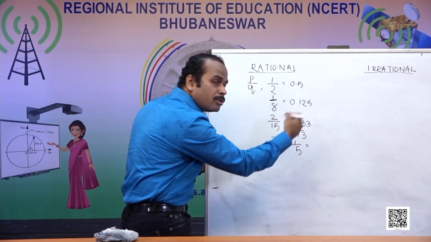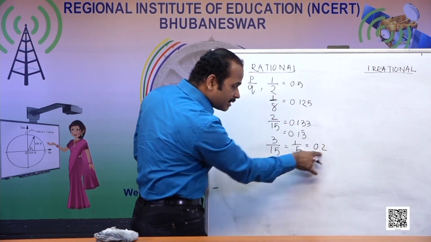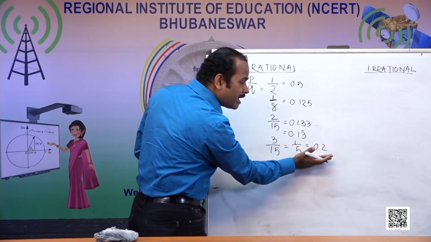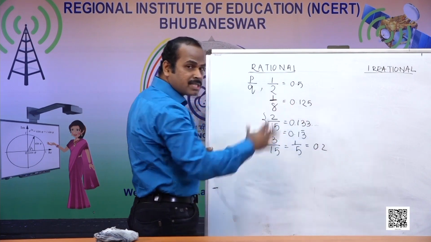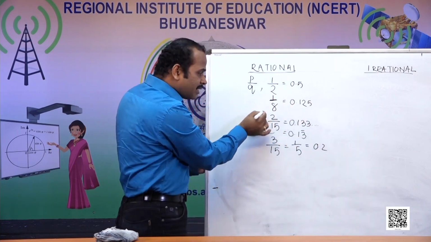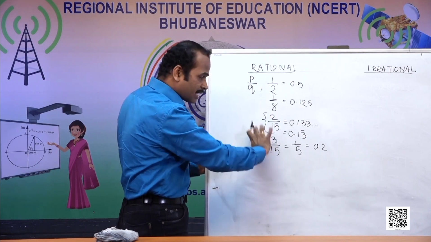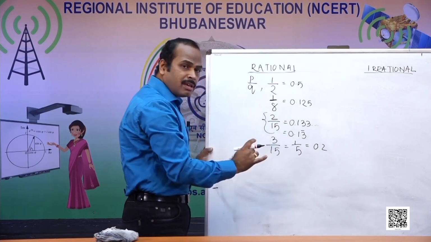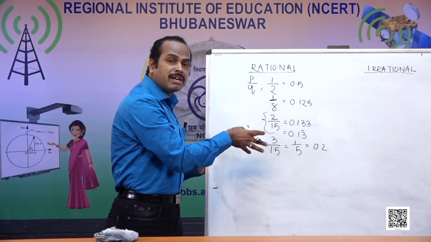And 1 by 5, if you go on dividing, you will find it is 0.2. Now this is a terminating decimal, but 2 by 15 is a non-terminating decimal. So what basic difference do we find between these two rational numbers, that one is giving a terminating decimal while the other is giving a non-terminating decimal.